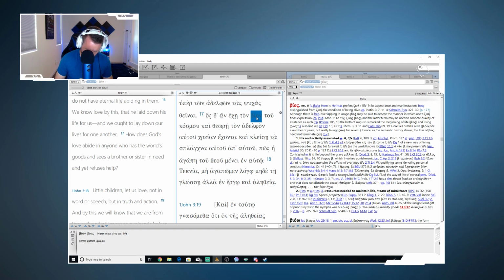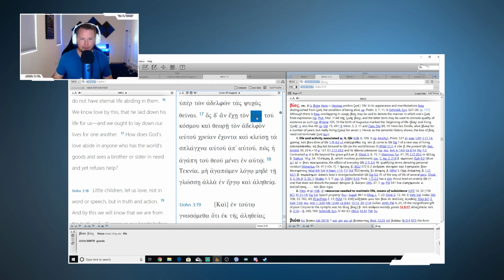The resources of the world. Interesting, because earlier, what was it, in chapter 2, you can't have anything in the world or love anything in the world. That's not a marker of the Christian. And yet here we see the resources of the world. That constitutes anything in the world, right? So there's a difference between loving and having.